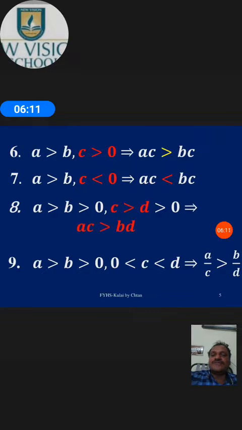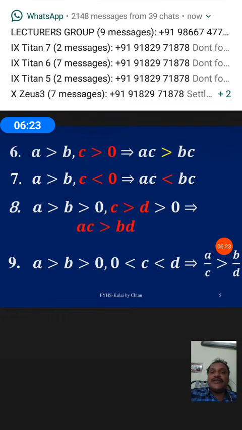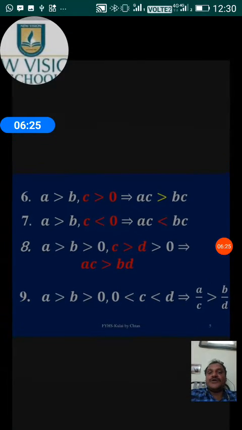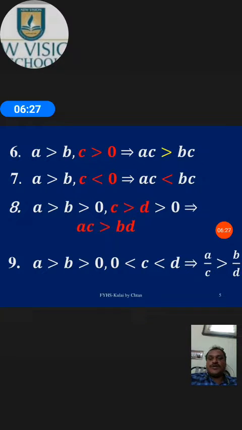Now the seventh inequality, if a greater than b and c is less than 0, that means it is a negative quantity, my dear students, then if c is a negative number, then ac is less than bc. It is obvious, my dear students.